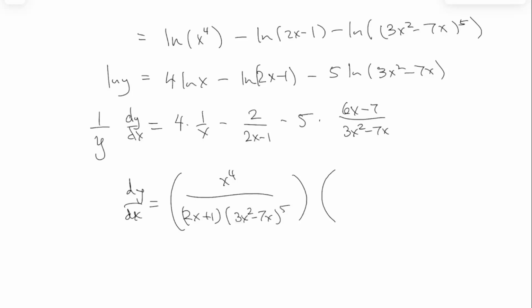And then times the stuff that we had from before. 4 over x minus 2 over 2x minus 1 minus 5 times this stuff. There you go. This is the derivative. This is the logarithmic differentiation procedure. Sometimes useful, although the product rule and the quotient rule is always a valid alternative.